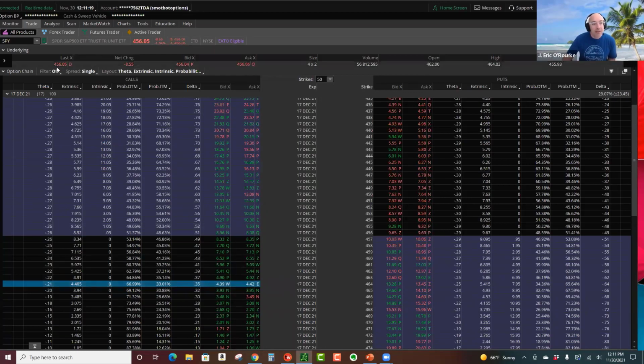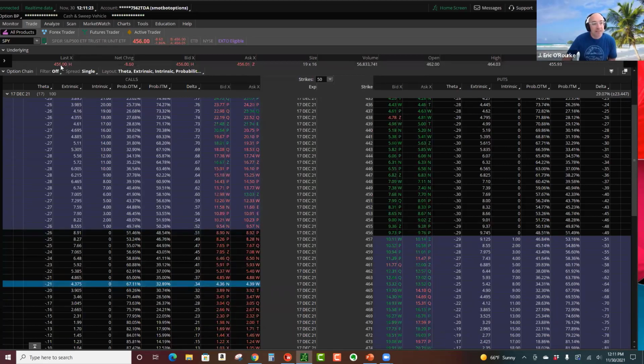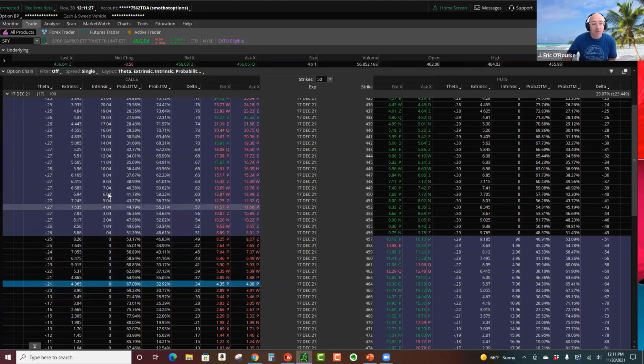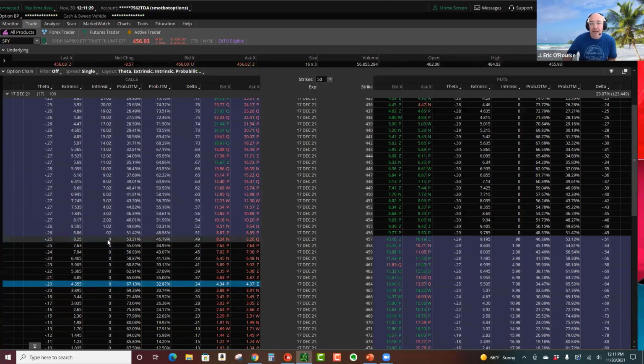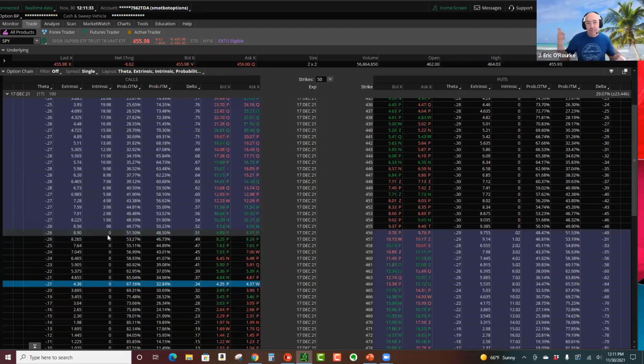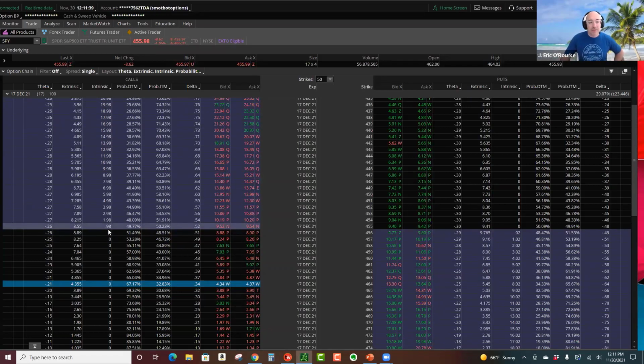So if SPX were to expire at 456, let's just call it 456 even, this would be the value of all the options in the chain at that time. Obviously, the market isn't going to expire there, or it's most likely going to expire or settle somewhere else. But this just gives you a glimpse at what you're buying or selling.